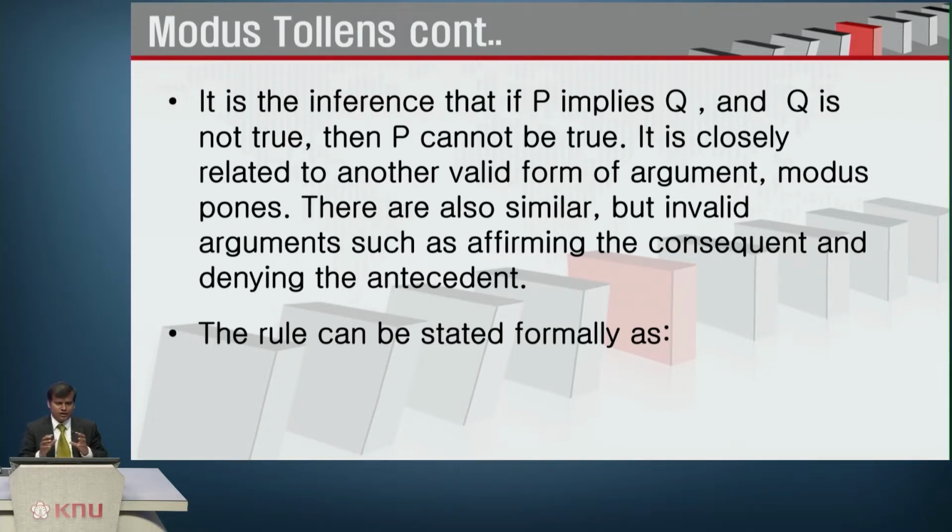It is closely related to another valid form of argument, the modus ponens. We just talked about modus ponens. So modus tollens is very closely related to modus ponens. They are also quite similar to invalid arguments such as affirming the consequent and denying the antecedent.